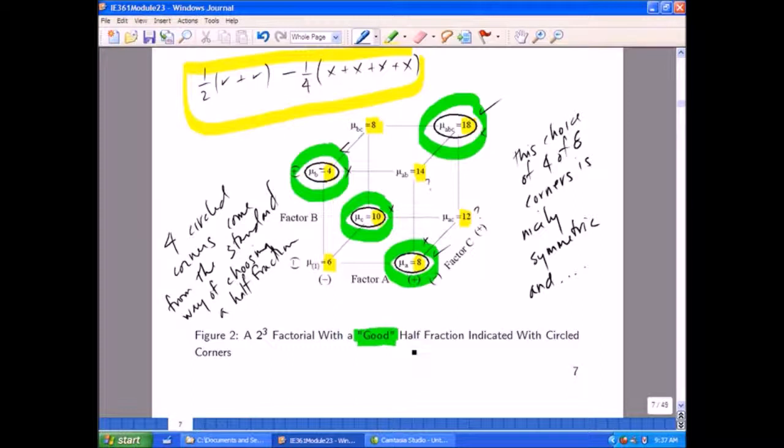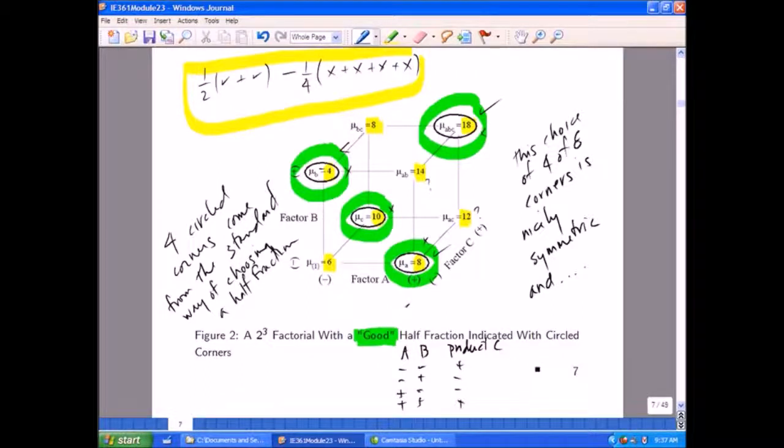That is, if I carefully down here write out A, B, and C, minus, minus, plus, plus, minus, plus, minus, plus, and I make a product. This would be a plus, this would be a minus, and a plus.